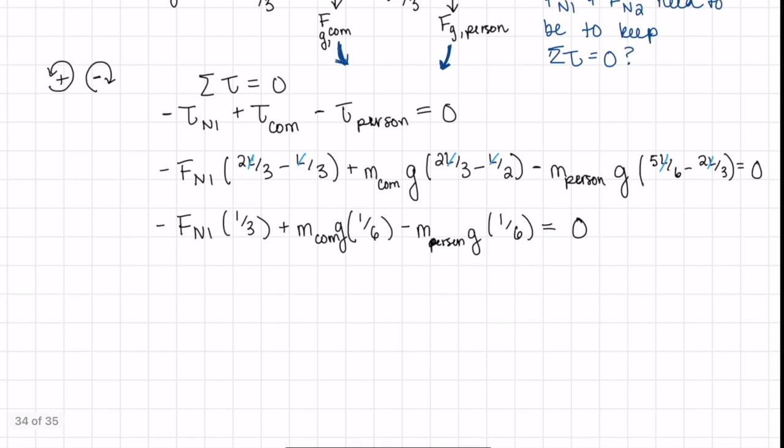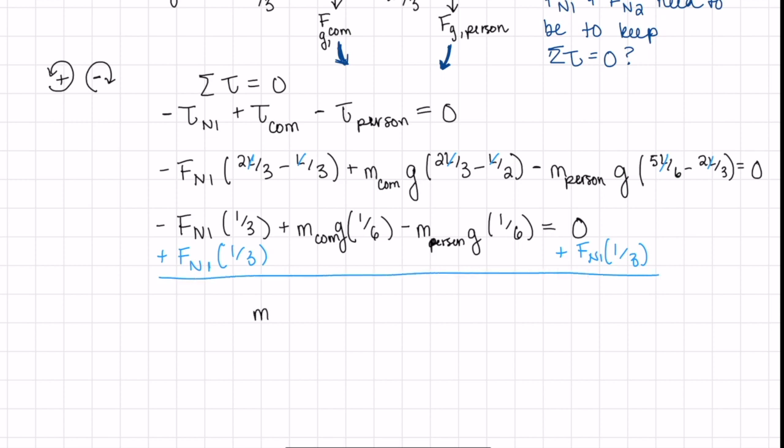Okay, so when I do that, I'm going to go ahead and add our 1/3 Fn1 to both sides.